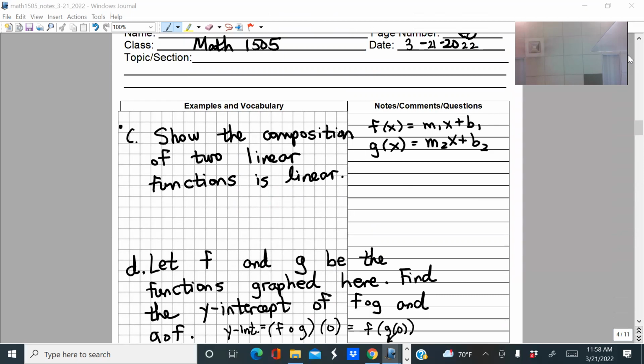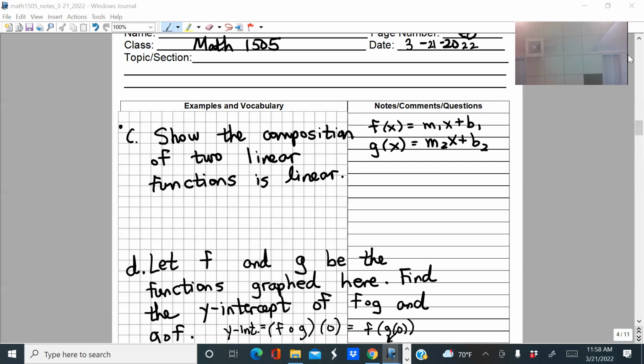So this is kind of like a proof, all right, but of a kind of an easy fact. If you have two linear functions, they can be any two linear functions at all. If you compose them, you're going to get a third linear function.